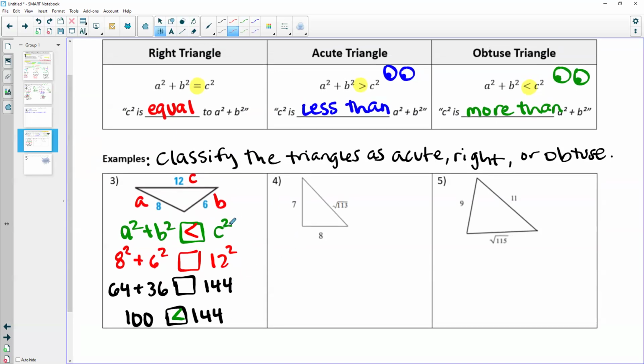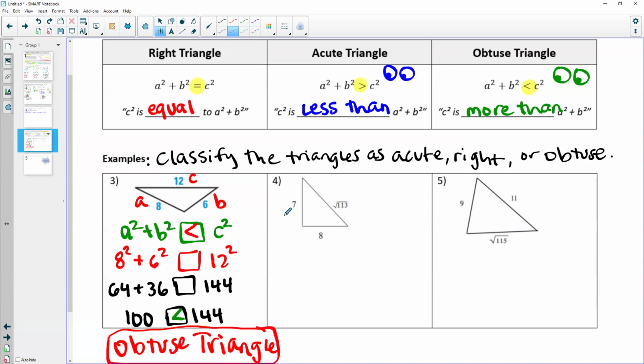My c squared is on the right-hand side, and this c squared happens to be greater than the left-hand side. So if c squared is greater than, then this tells me the triangle is going to be obtuse. And that more or less is the idea we're working with here. So this is an obtuse triangle, and that's how you're going to classify these triangles.